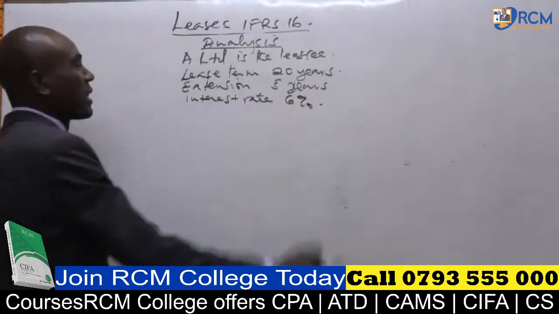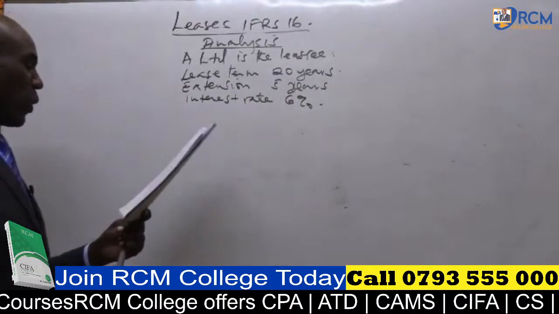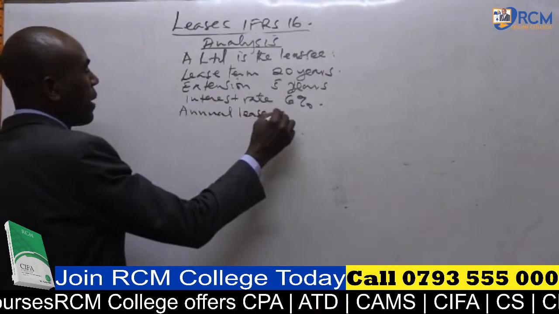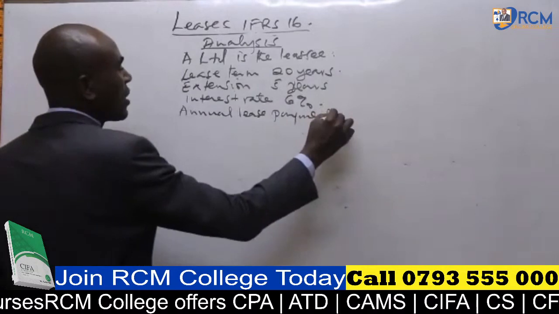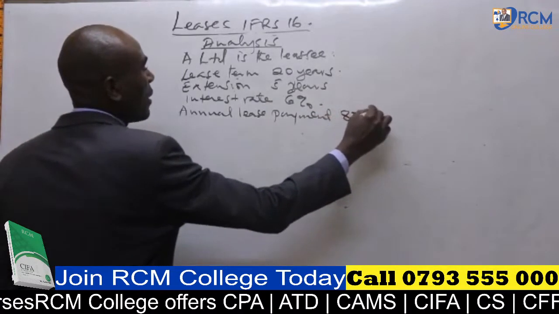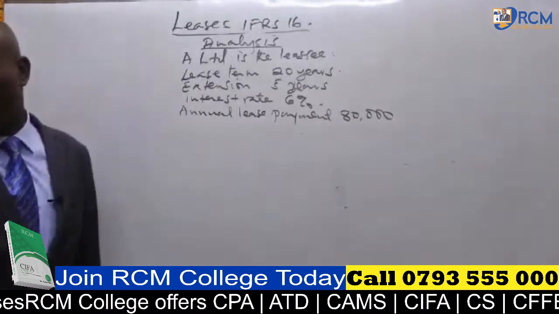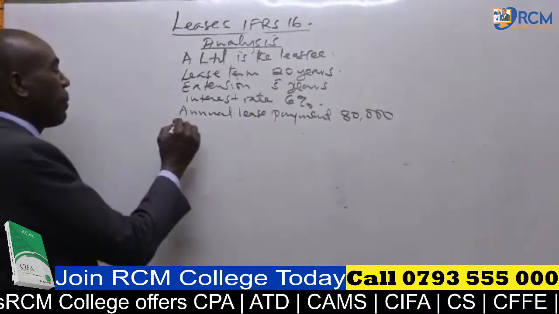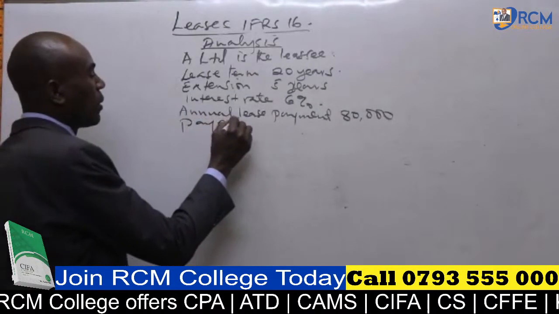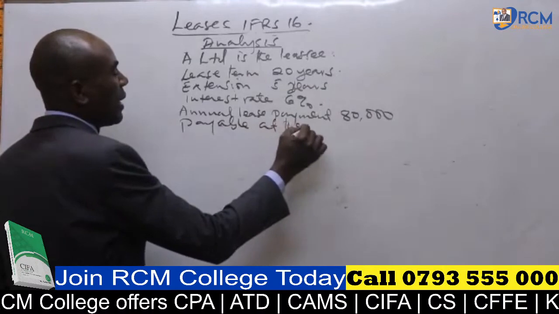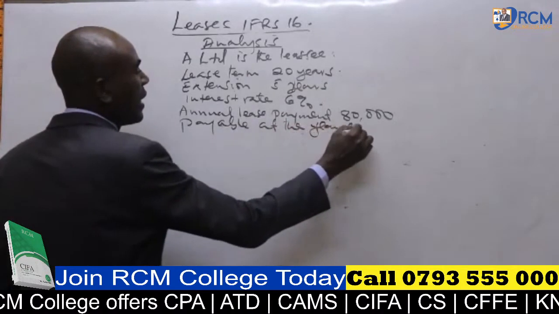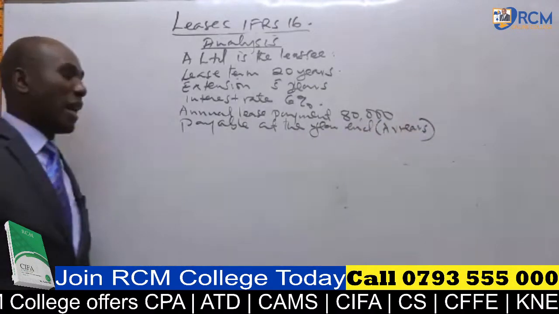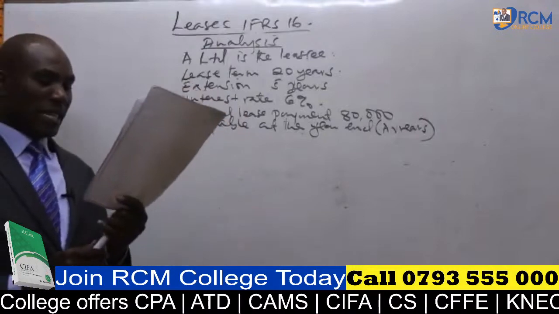Interest rate is 6%. Annual lease payment is shillings 80,000 during the initial term, payable at the year end, which means in arrears.